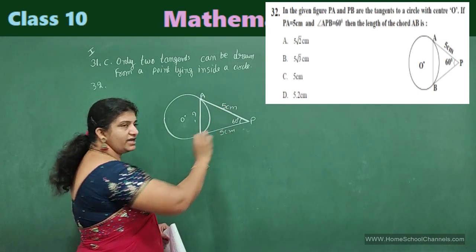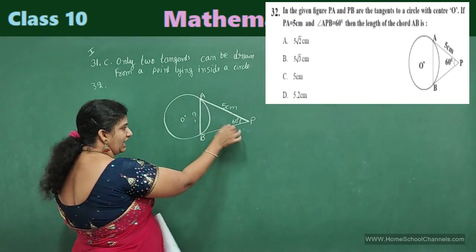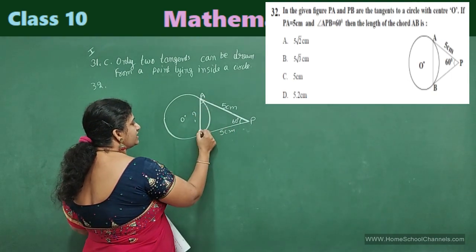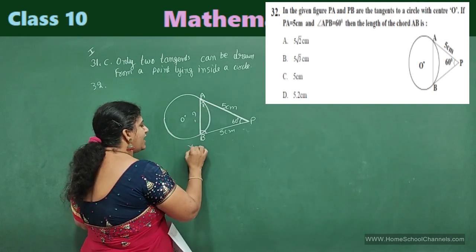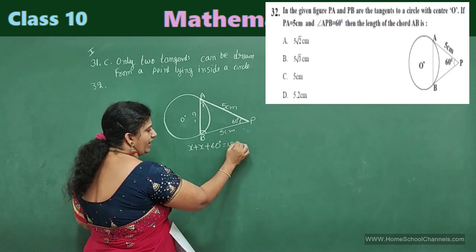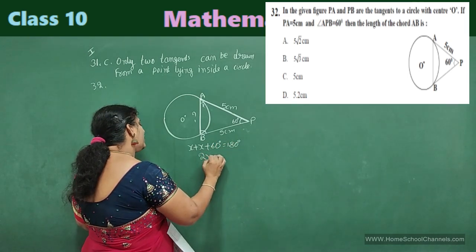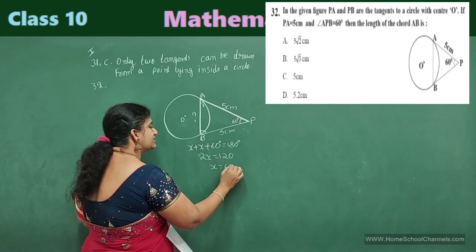If two sides are equal, the opposite angles will be equal. In this triangle, then this angle is equal to this angle. Observe here carefully. If I take this x plus x plus 60, interior angles of a triangle is equal to 180. 2x is equal to 180 minus 60, 120. x is equal to 60 degrees.